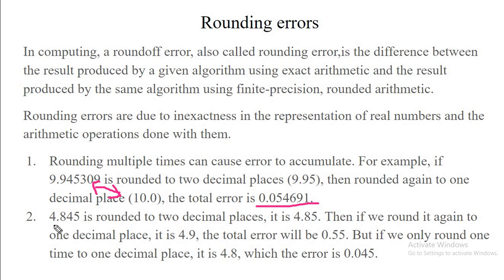In the same way you can take another example, 4.845. In a simple way, it is an approximation of 4.9, or you can approximate it to 5. Actually the number is 4.845. If you are approximating, you can make it 4.9, which is very close to 5.